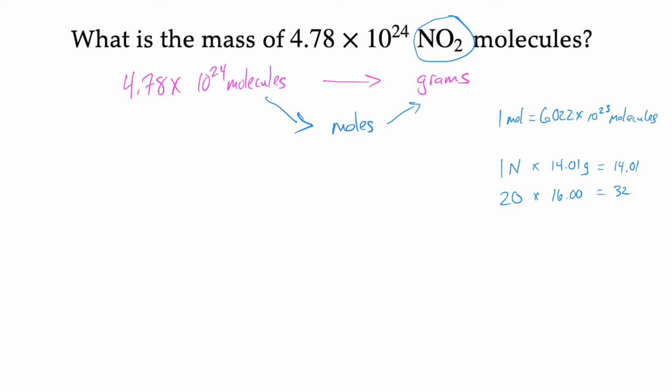So that gives a total of 46.01 grams. So now that relationship tells me that 1 mole of NO2 has a mass of 46.01 grams.